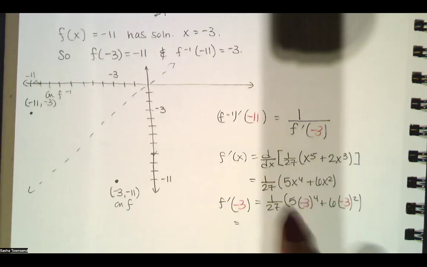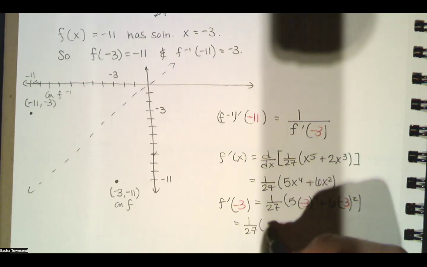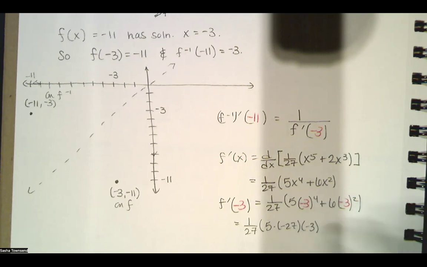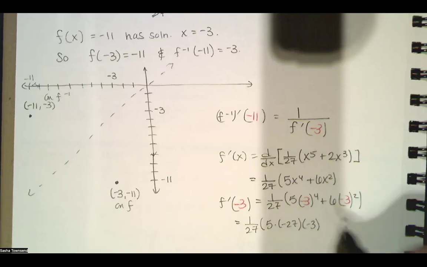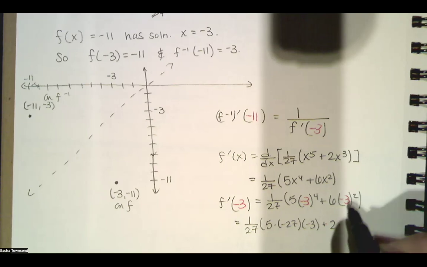I'd like to be able to simplify that with this. So I've got 1 divided by 27 times 5 times -3 cubed is -27. And then we're going to multiply by an extra -3. And this 6 I can think of as 2 times 3. This is 2 times -3 squared, which is 9, times that extra 3, which is going to be a 27.